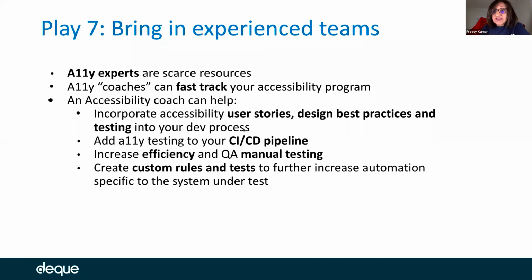For example, an accessibility coach can help incorporate user stories, design best practices, and testing into your dev process, and add acceptance criteria. A developer wants to know, how do I know I'm done with this user story? If you didn't put any accessibility requirements or acceptance criteria in there, and you do that, they're happy, they know when they're done.